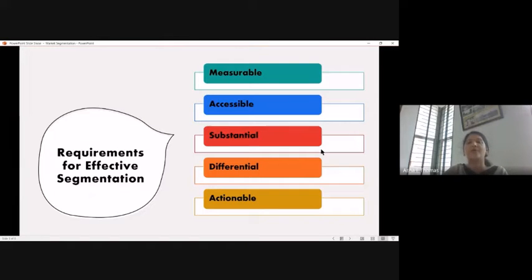Then we talked about what the stages are. In the first stage, we talk about the identification of the entire market, and then from identification we go with segmenting that into different categories, and from segmenting, the next thing we would be doing is targeting.